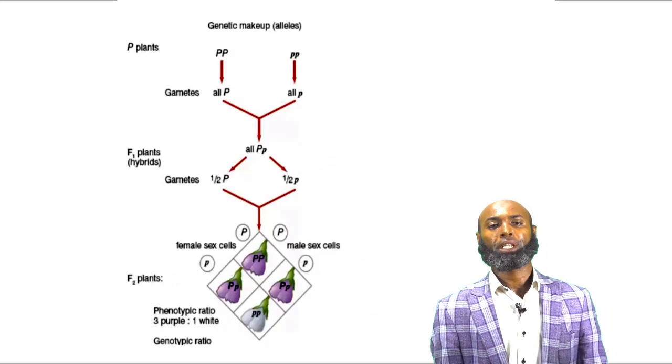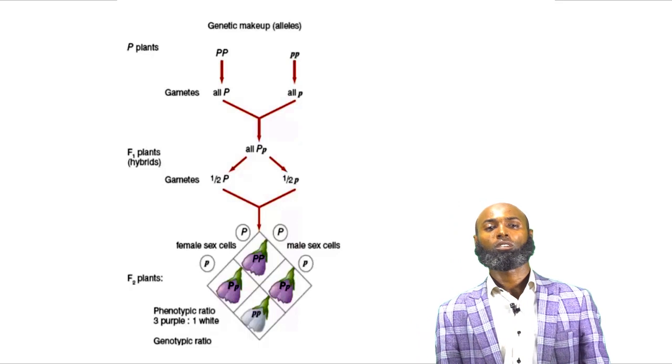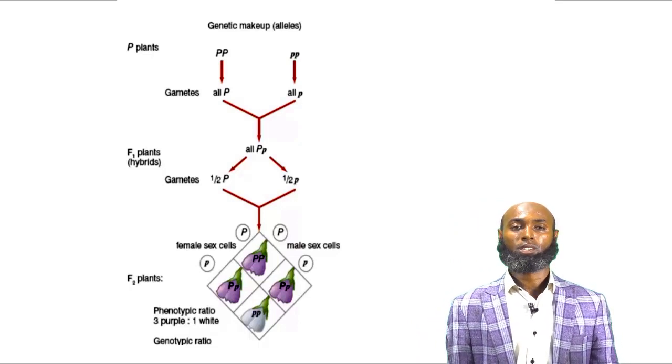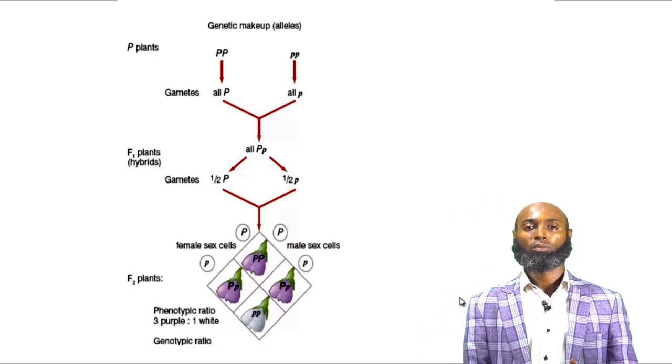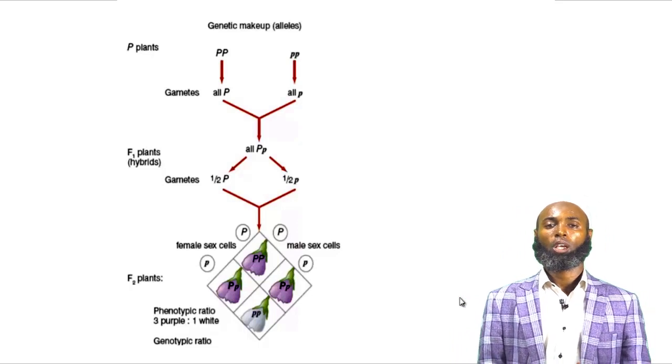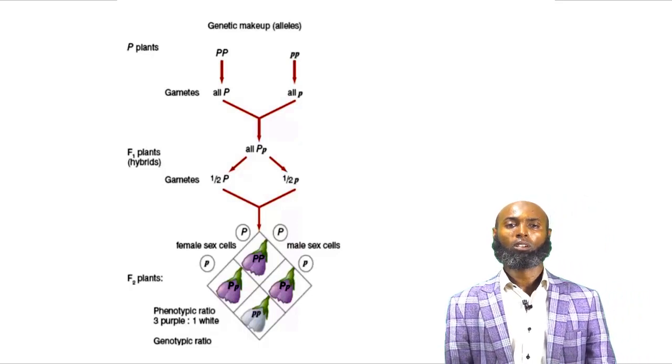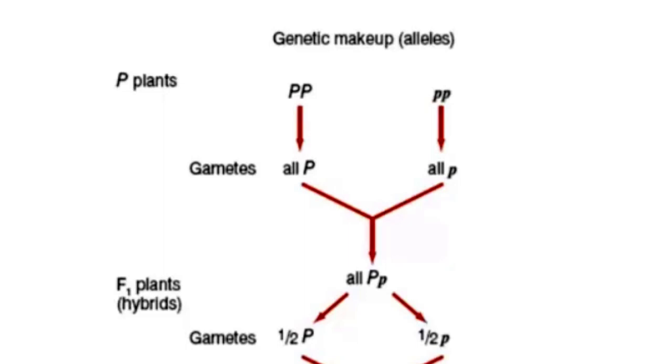You can see here in detail the genetic makeup of these 2 flowers. If we take the purple flower as capital P, uppercase, and the white flower as small p, lowercase, the gametes would be capital P and small p.